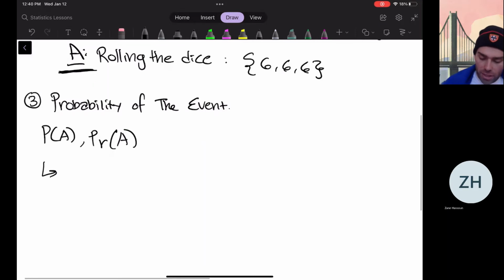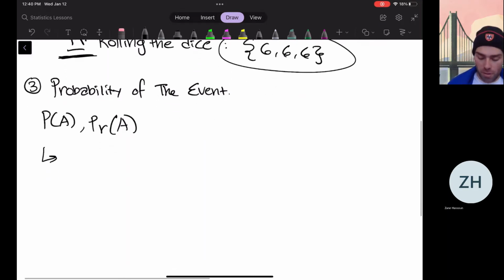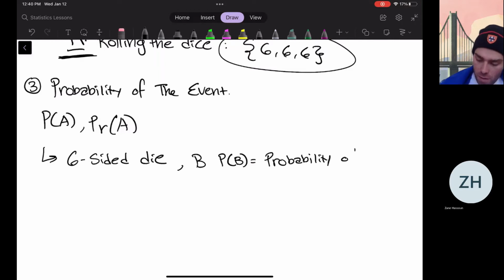Okay, so let's take an example. This one would be a bit complicated to start with, so let's start with something very simple. If we have our six-sided die, we can denote this event B as rolling an odd number. So B, or P(B), equals the probability of rolling odd.